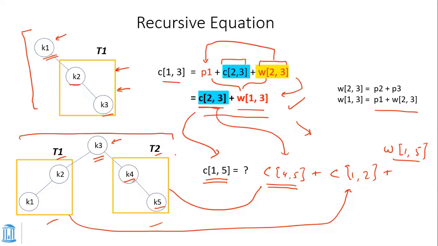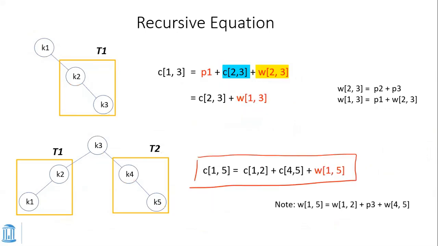The average cost of searching through this tree is simply the cost of searching through the left substructure, plus the cost of searching through the right substructure, plus the sum of the probabilities of this entire substructure, which doesn't necessarily have to be one, because it could be part of a much bigger structure as well.